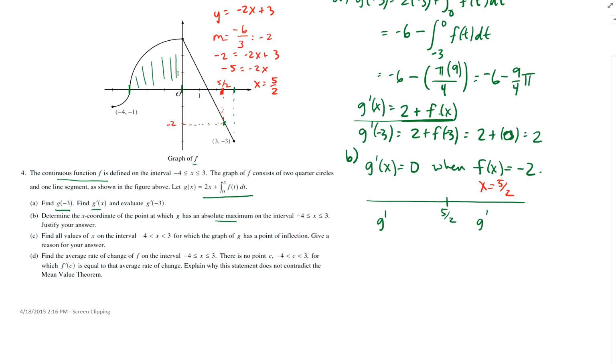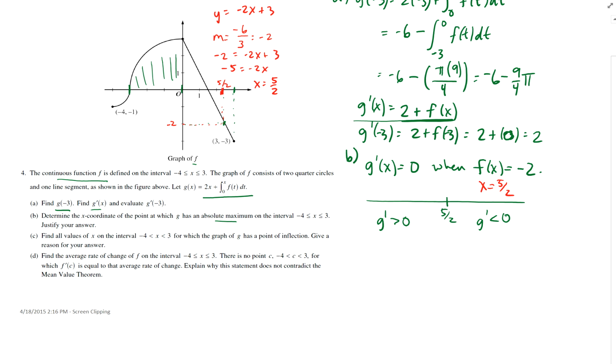Anything to the left here is going to be bigger than negative 2, so this is always going to be positive. And anything to the right, all these numbers down here are less than negative 2. So 2 plus a negative 3, for instance, is going to be negative.